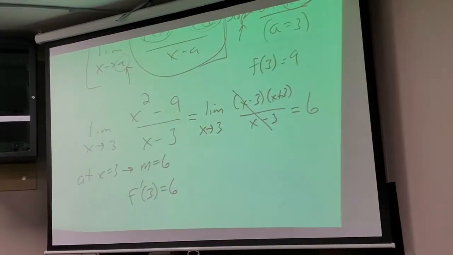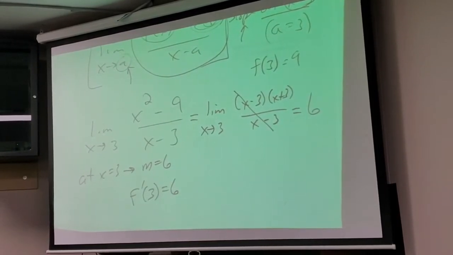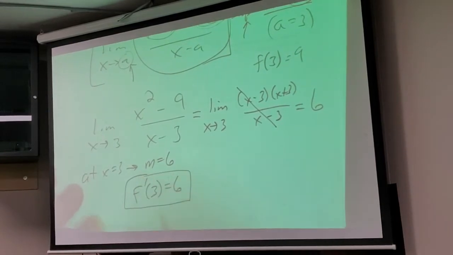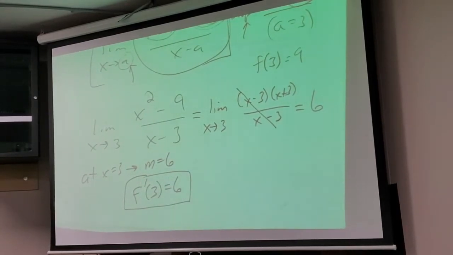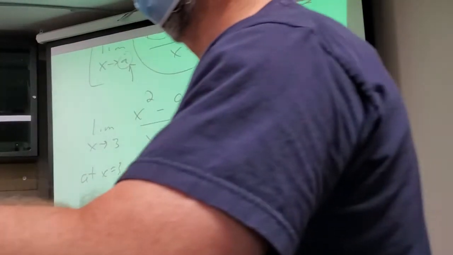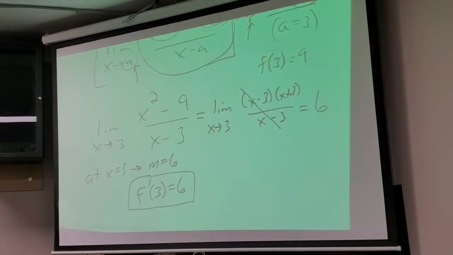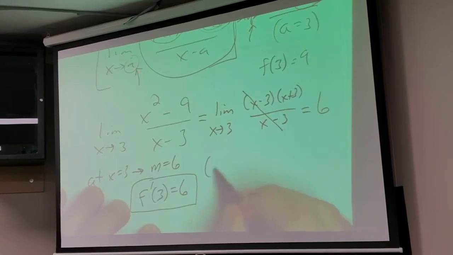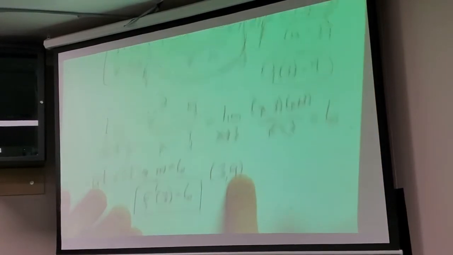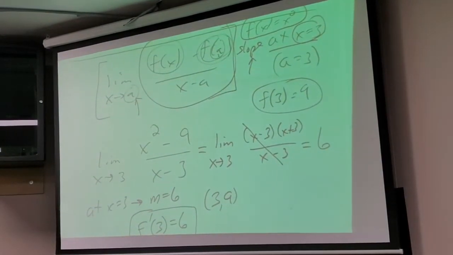Okay, I like it. Can you figure out the equation of the tangent line? There's one more thing you need to know. I know the slope. What else do I need to know to figure out the equation of the line? We don't know it. I do know the point 3, 9. The function goes through, if f of x is x squared, doesn't it go through the point 3, 9?